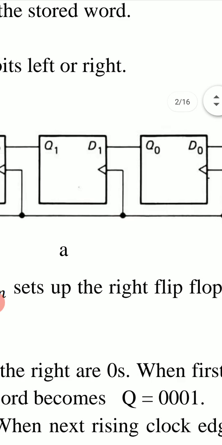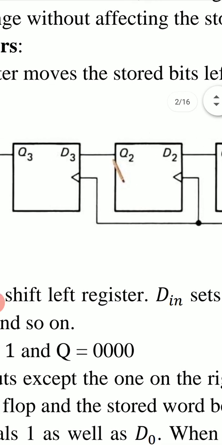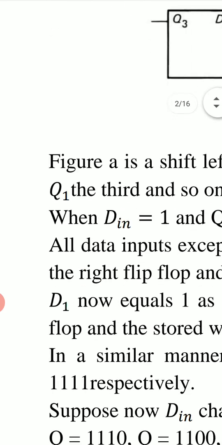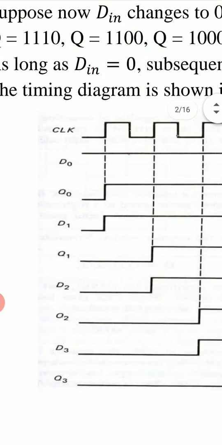Similarly, D2 equals Q1, D3 equals Q2. So as soon as Q0 becomes 1, when the first positive clock edge arrives, D1 also becomes equal to 1.